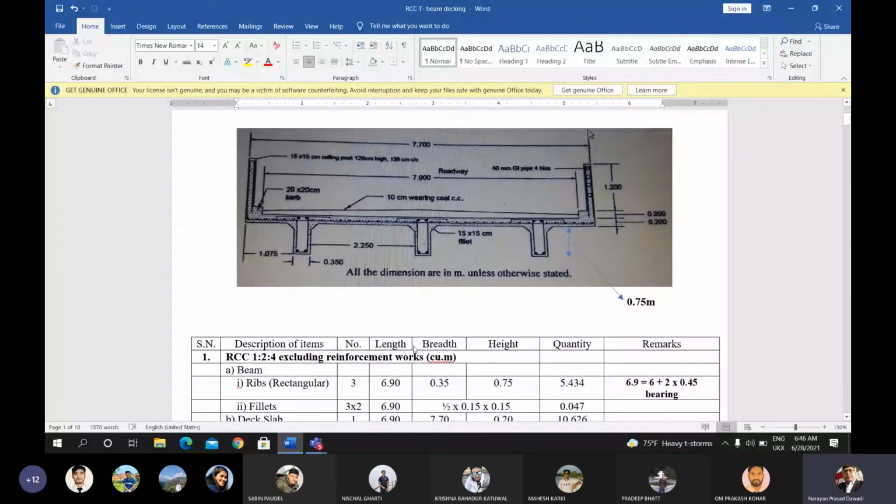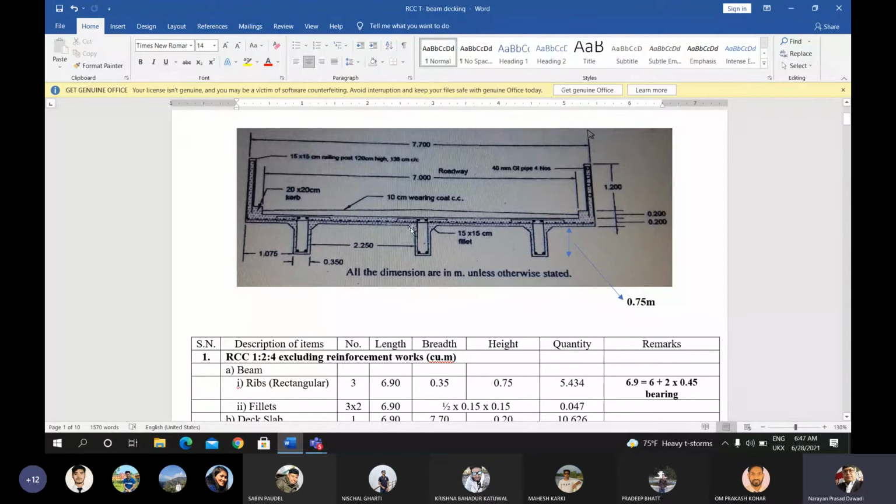You can calculate the total plastering for the surface, that is from this curve, below this curve up to this slab. Below this curve up to this slab, you have to provide plastering like this.